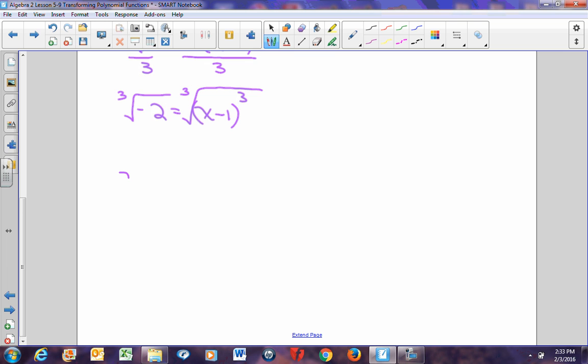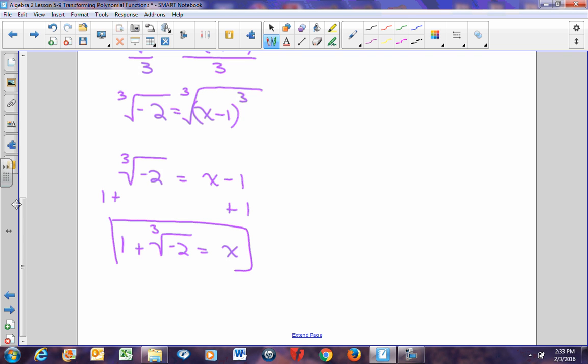So I now have the cube root of -2 is equal to x minus 1. To solve for x, I'm going to add 1 to both sides. And I have 1 plus the cube root of -2 is equal to x. And that's pretty much the answer to this particular equation here.